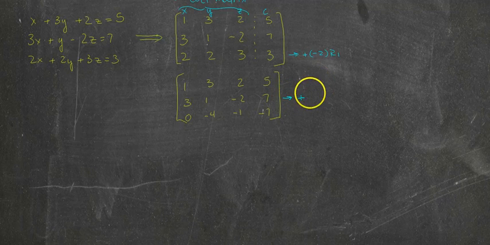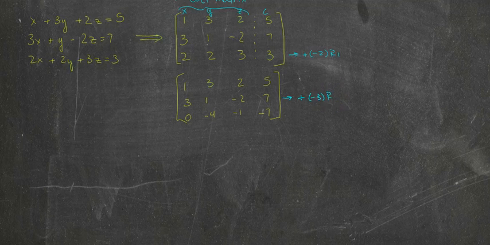by adding -3 times row 1. Again, not changing the first and third rows.